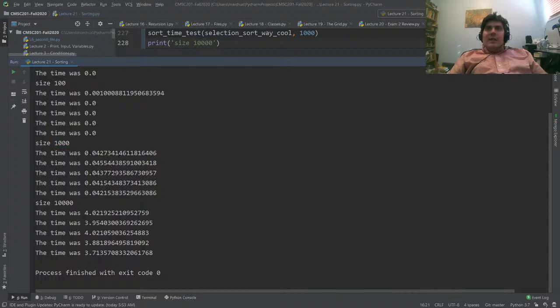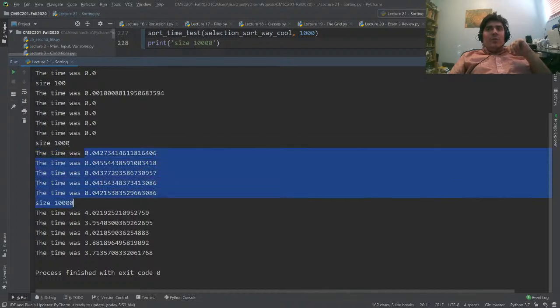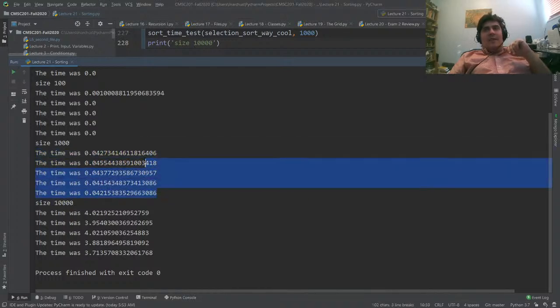And you see here that it did actually take that long, because here it took 0.04 seconds to do a list of size 1,000: 0.045, 0.043, 0.041, 0.042. And maybe if you're rounding, you'd call this 0.042 as well. So we would estimate 0.43, so we'd estimate something around 4 seconds maybe.